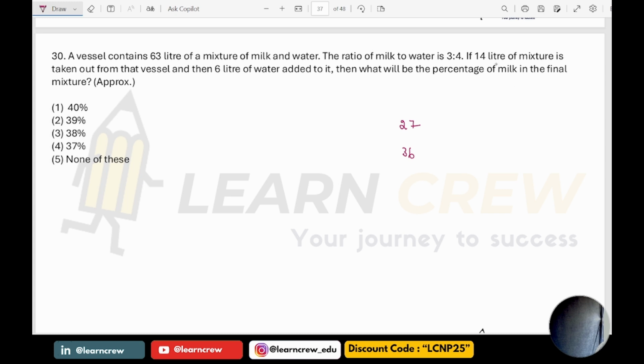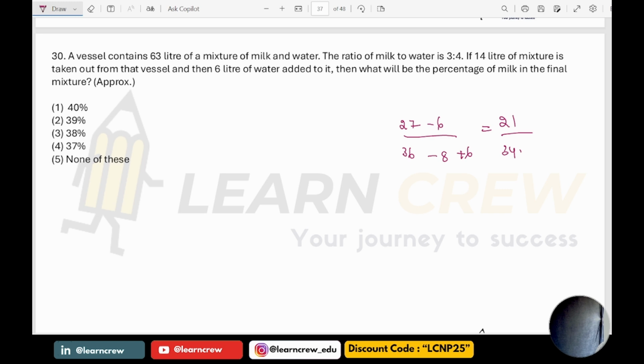And 14 is taken out, which means 6 milk and 8 water are taken out. And 6 liter of water is added. So in the resultant you have 21 milk and 34 water.